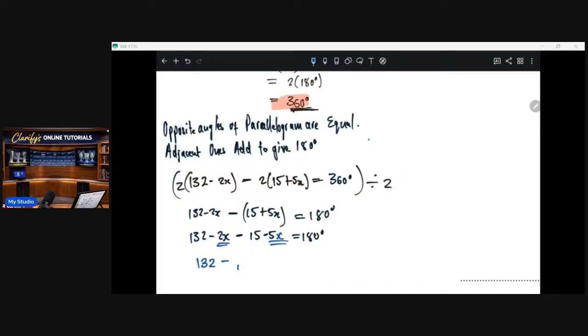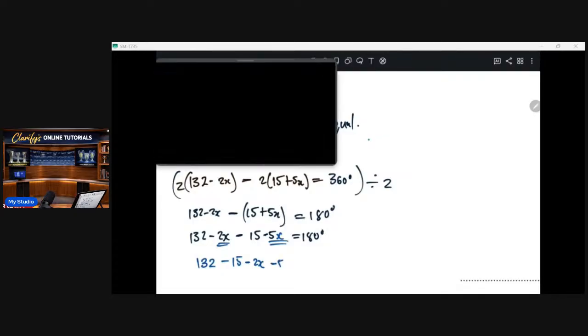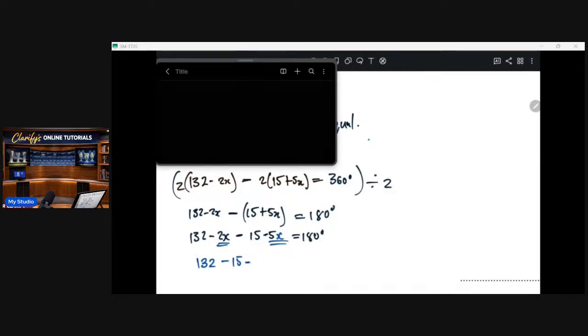There we go. 132 minus 15 minus 180 degrees.